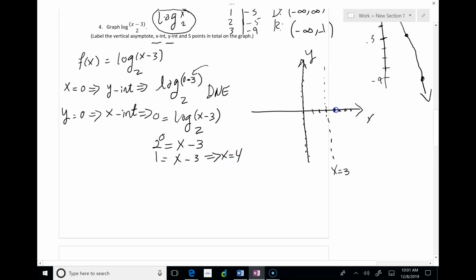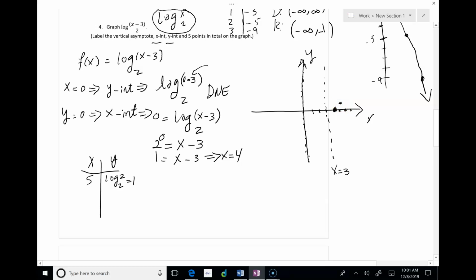So x equal to 4 is the x-intercept here. And then you pick the rest of the points just by plugging them in. So maybe 5, because 5 minus 3 is 2, and log of 2 base 2 is 1. When x is 5, y is 1.